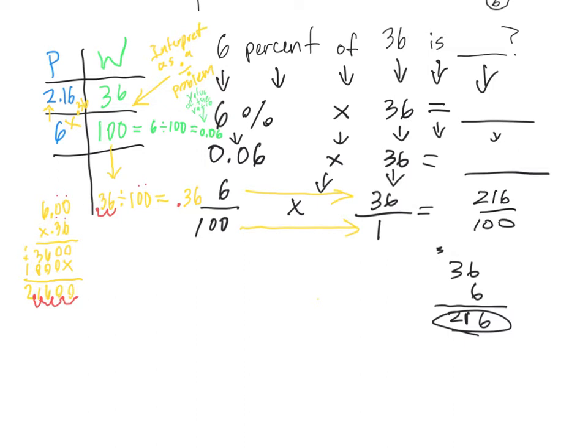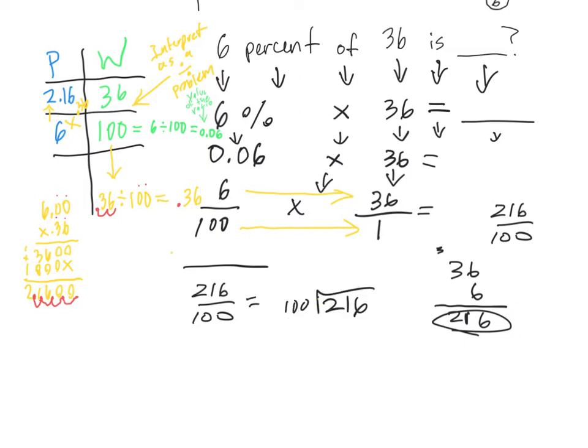Now we're not done there. We actually need to take this over here and we need to interpret this as a division problem. And since we're dealing again with powers of 10, this is a really easy problem.